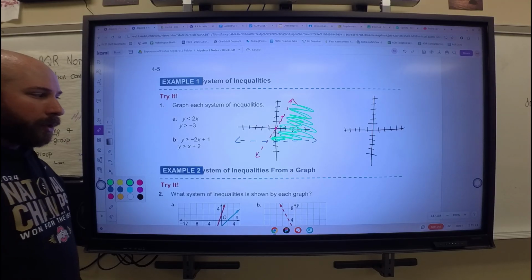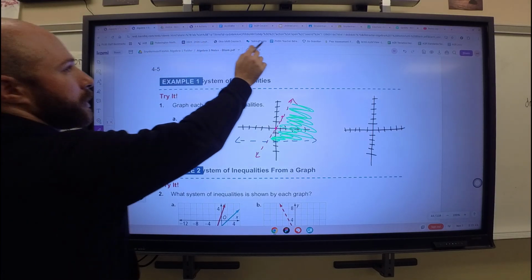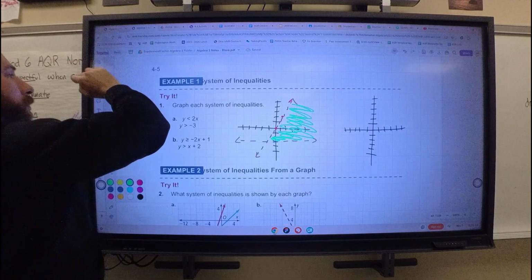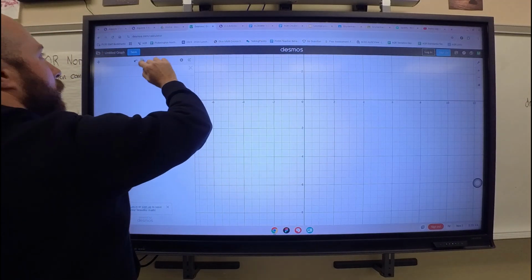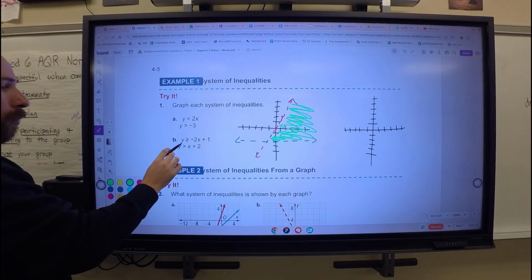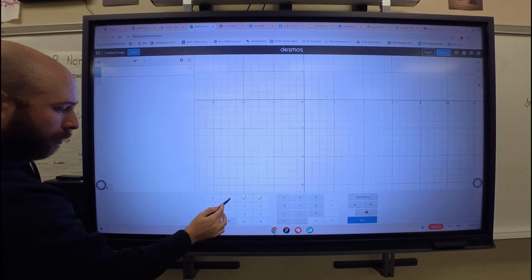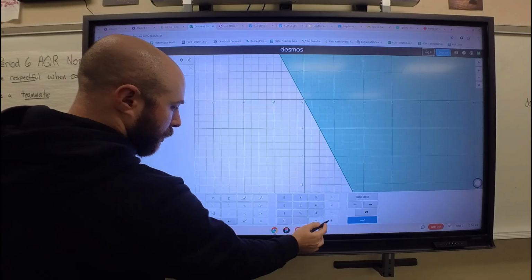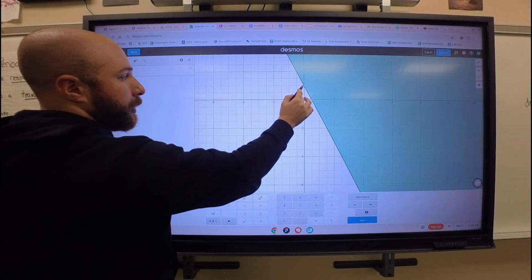All right, so let's do the same thing with B. Okay, so I'm going to go into Desmos and I'm going to delete these two. Let's just move this over here. There we go. We have y is greater than or equal to negative 2x plus 1. So we have a solid line.